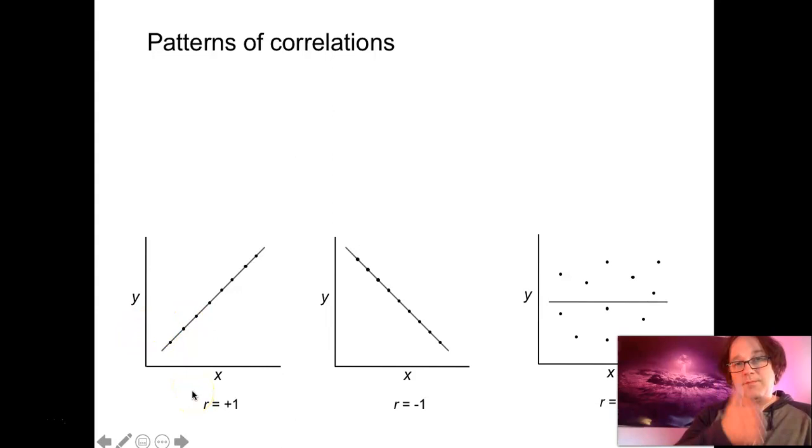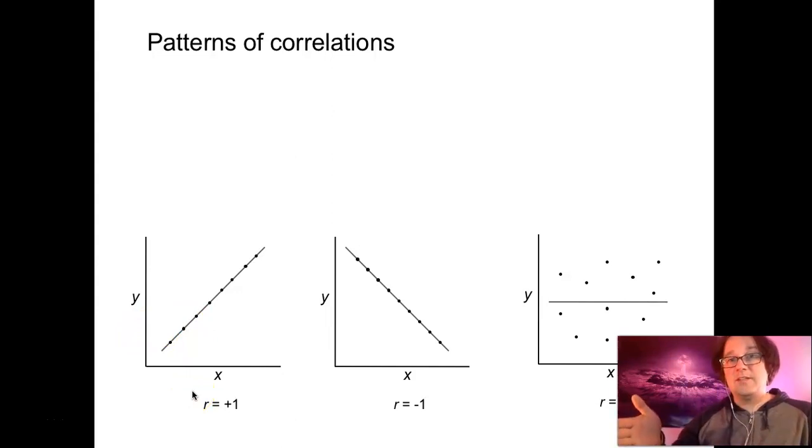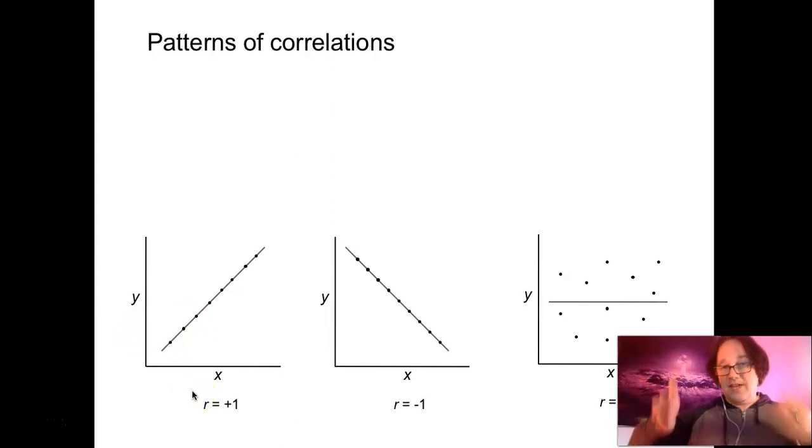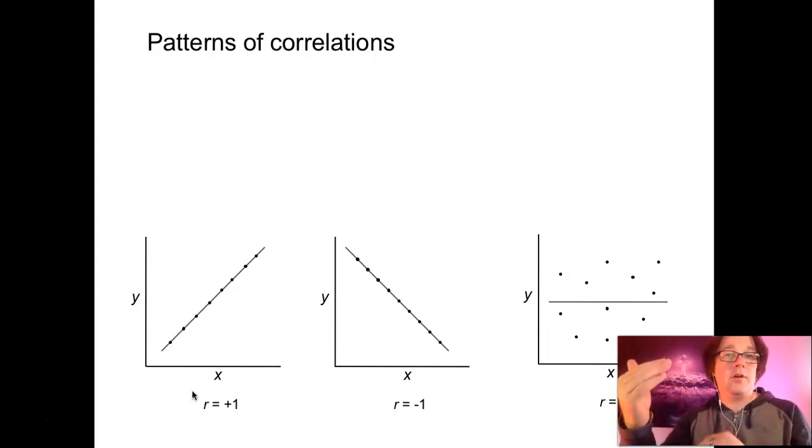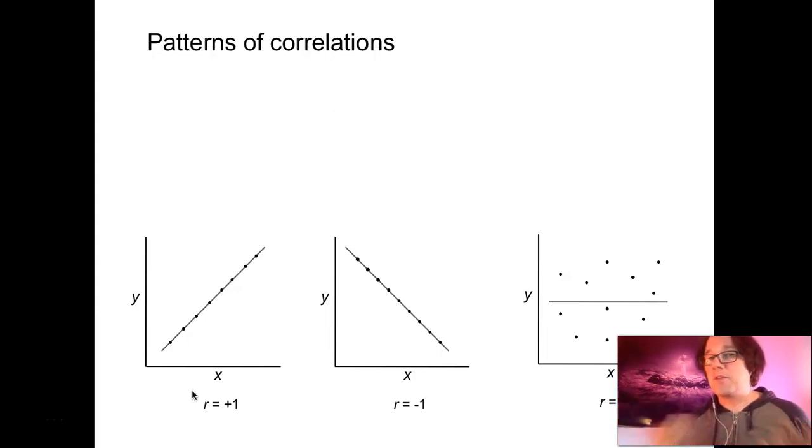So for 1 increase on the variable X, we're increasing exactly 1 unit on Y as well. So we have perfect positive correlation there.